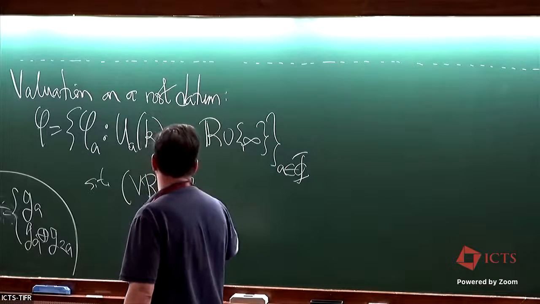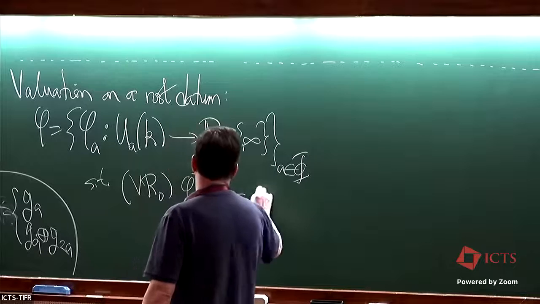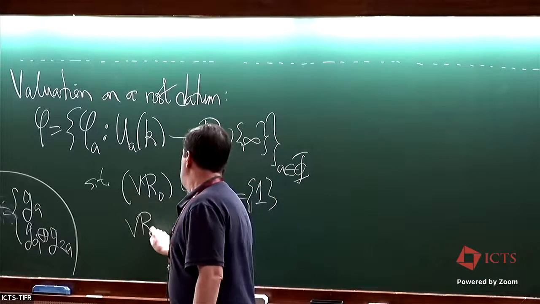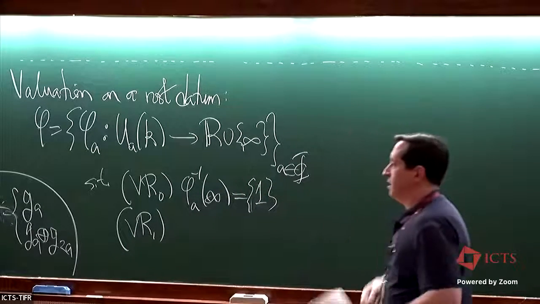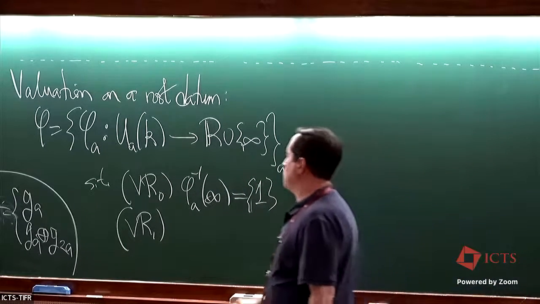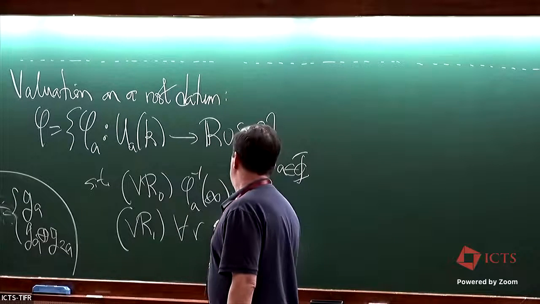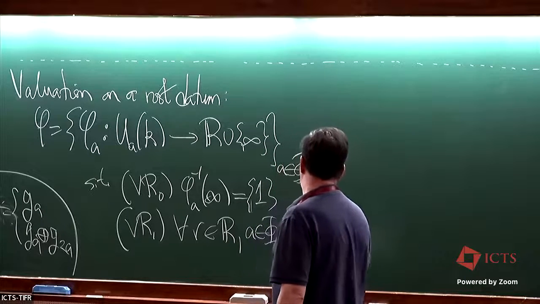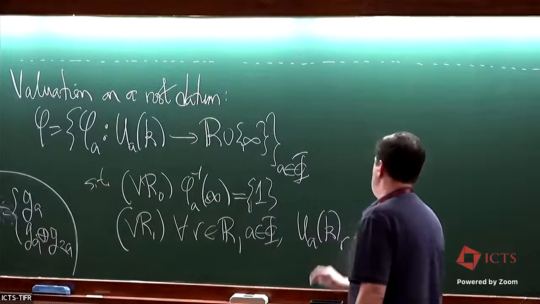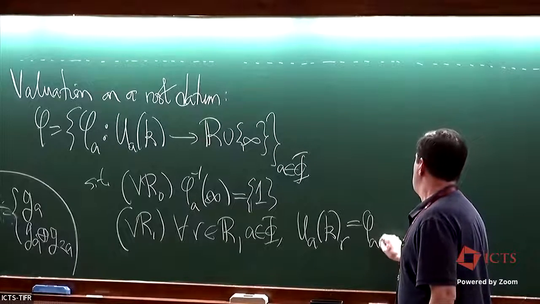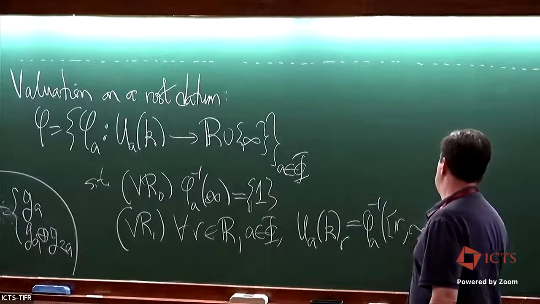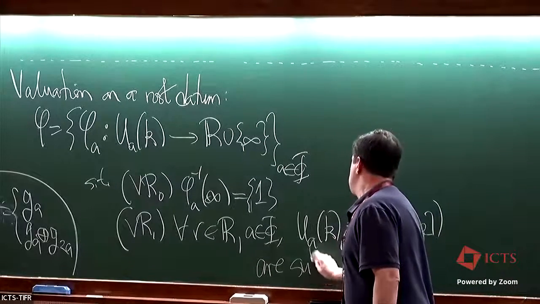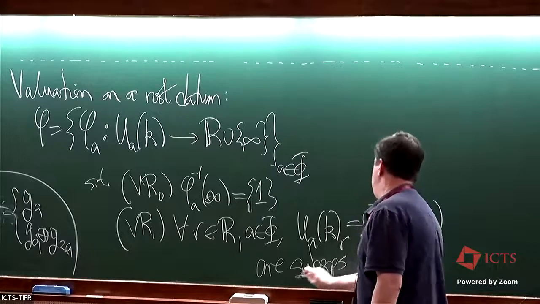First axiom is that the only thing that goes to infinity is the trivial element. A little bit more interesting is the kind of thing that corresponds to the non-Archimedean triangle inequality: for all real numbers and all roots, the piece of the root group that gets carried to valuation at least r forms subgroups of U_a(K).